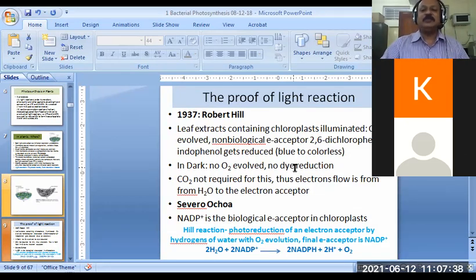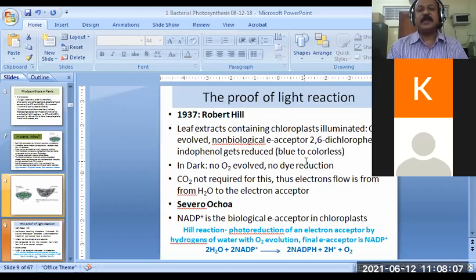When this synthetic electron acceptor accepts the electrons, it changes color from blue to colorless. This change in color from blue to colorless indicates that the non-biological electron acceptor has accepted the electrons, and therefore it has undergone reduction.